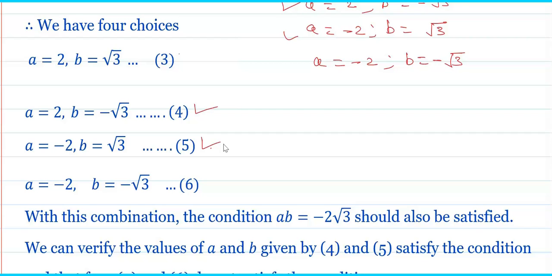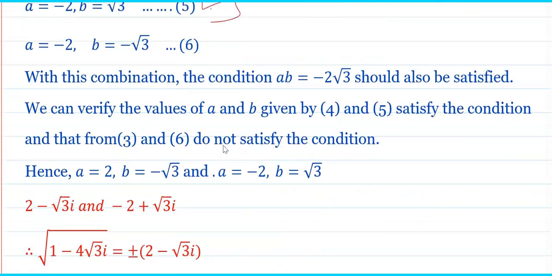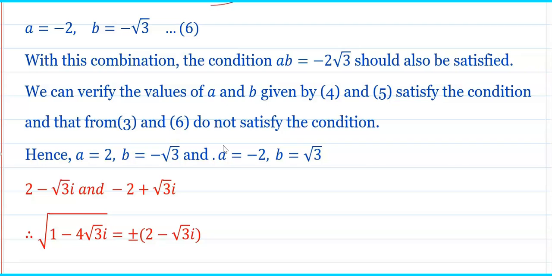That is, in both cases you will get ab is equal to minus 2 root 3. And hence we will take the two conditions: a is equal to 2 and b is equal to minus root 3; the second condition is that a is equal to minus 2 and b is equal to root 3. Therefore the first root is 2 minus root 3 i.